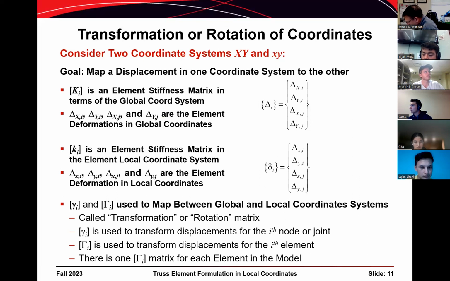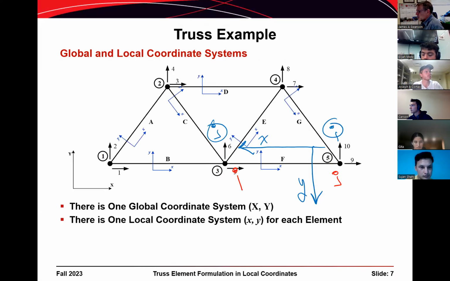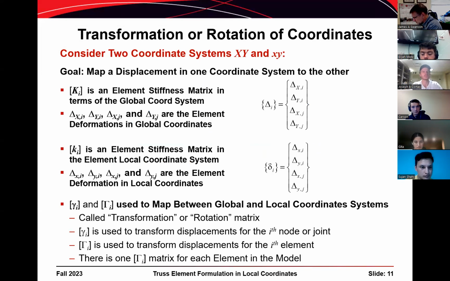If we're working in a 2D coordinate system like this one here, then we could call it a rotation matrix, because you could see that each of the local coordinate systems is off by just a rotation, some value of theta or some value of whatever angle you want to use. So we're just rotating the coordinate system. But using the word transformation is probably a more general term and is probably more appropriate.